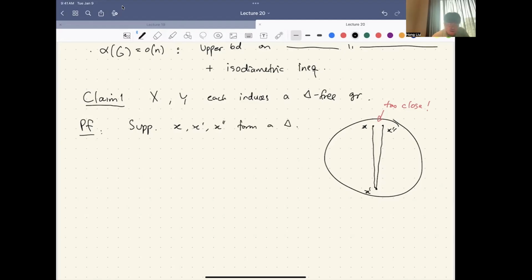Now let's look at the sum of their distances, X, X prime squared plus X prime, X double prime squared plus... writing like this is complicated, so let me change the labeling.